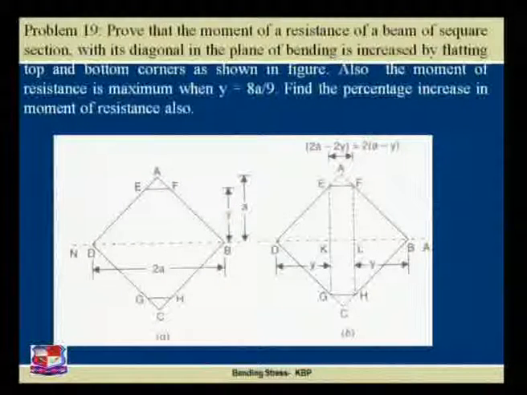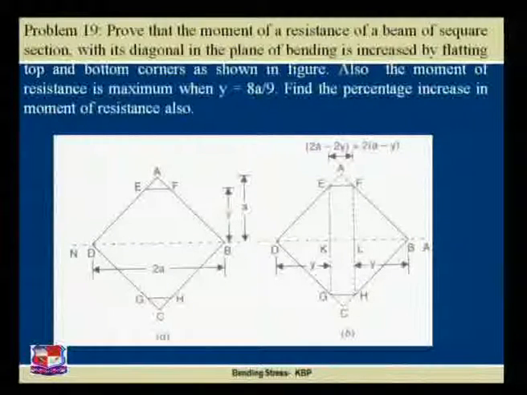Now, you have to prove that if instead of this triangle, I make a flat top and flat bottom by cutting down this triangle from the bottom portion as well as the top portion, there will be an increase in the moment of resistance. That is the first question which has been asked to you.